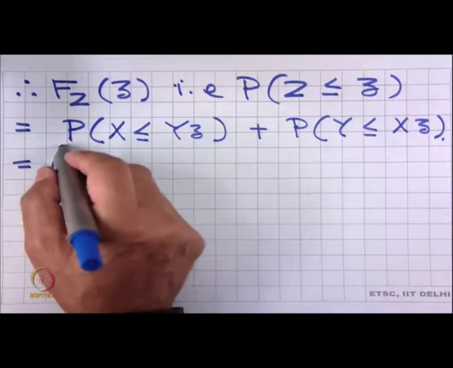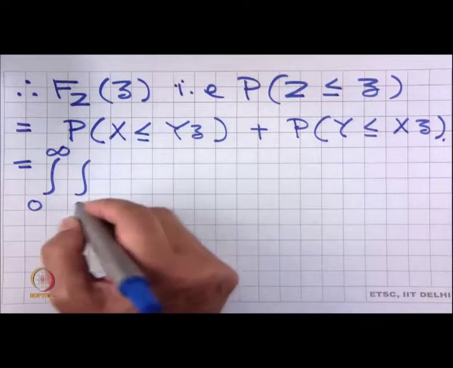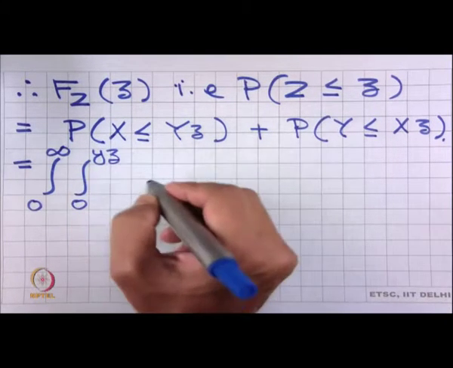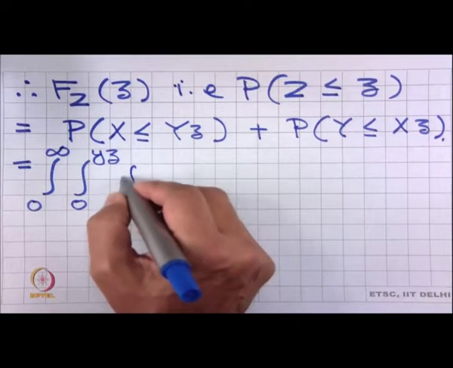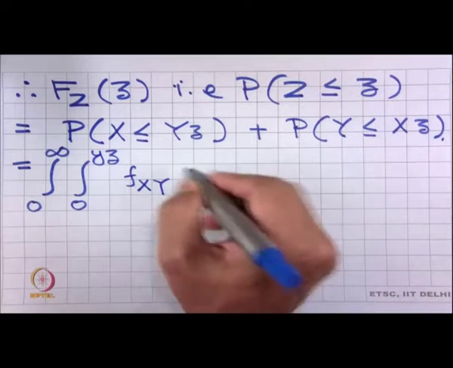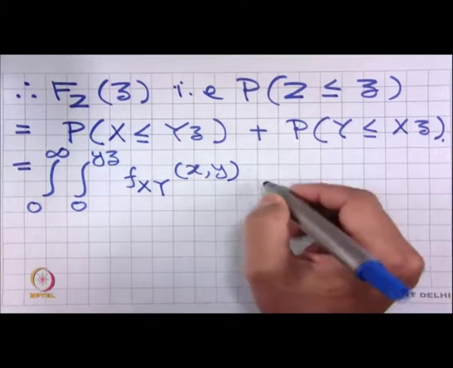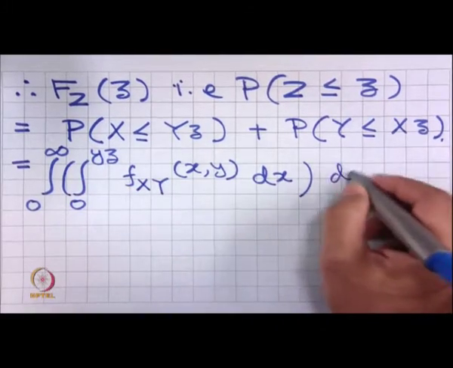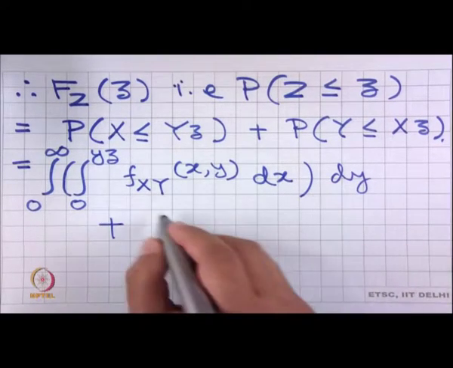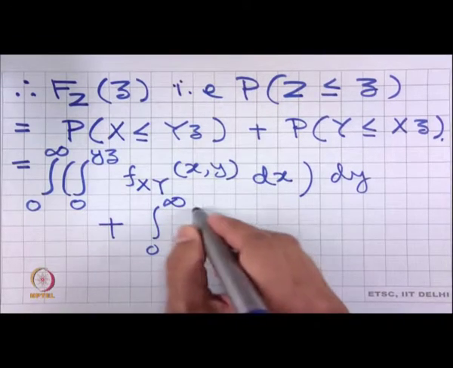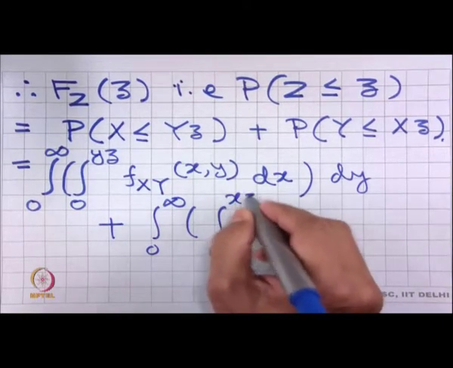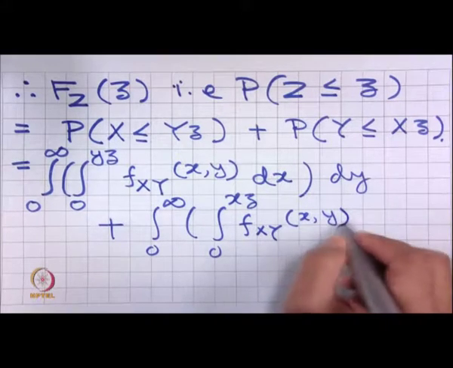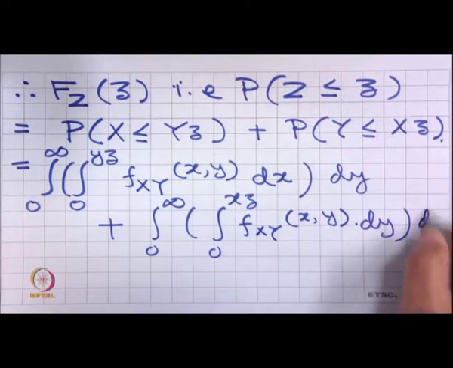Therefore, range of y is 0 to infinity, but for a given y, x can go only from 0 to y z, and here we are writing the joint density of x y, dx dy, plus a very symmetric term, which is integration 0 to infinity, 0 to x z, f x y dy dx.